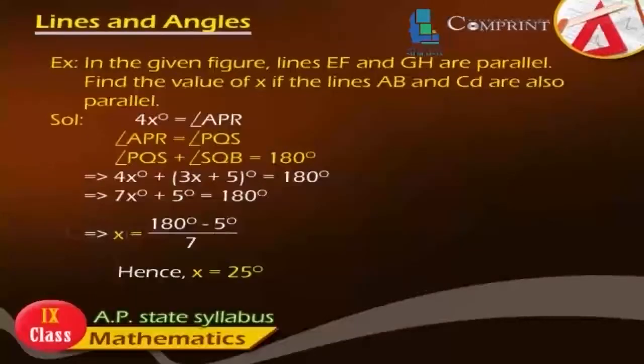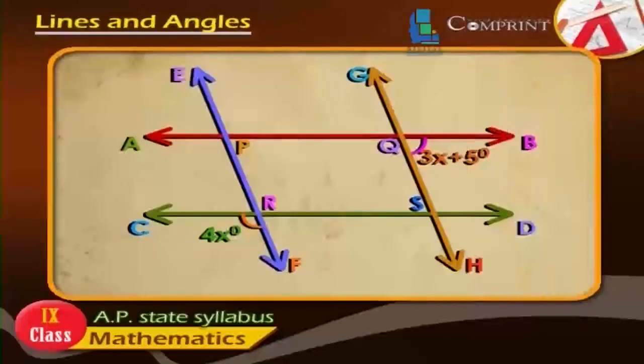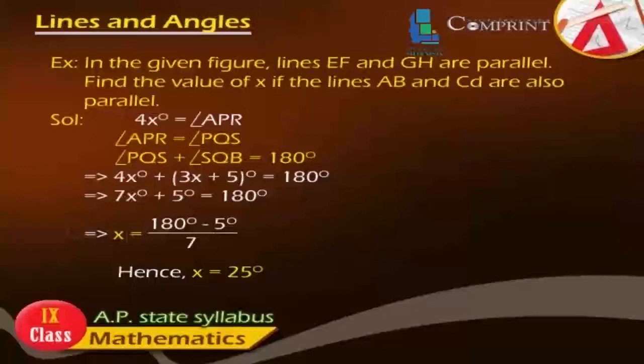Example. In the given figure, lines EF and GH are parallel. Find the value of x if the lines AB and CD are also parallel. Solution. 4x degrees is equal to angle APR. Angle APR is equal to angle PQS.